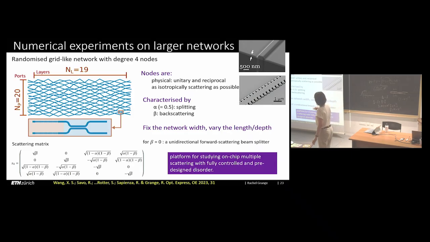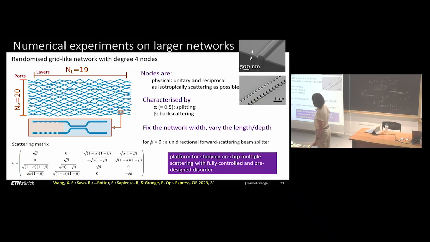Here we have an example of a network. Those are the input ports. We have 20 input ports. Those are the different layers, about 19 layers, so about the same number of nodes. And we define the nodes. They are also characterized by what happens at the node. There is some splitting happening, and also backscattering.